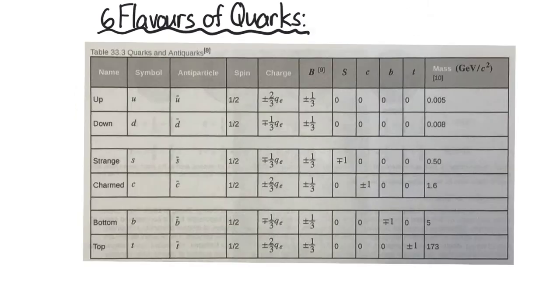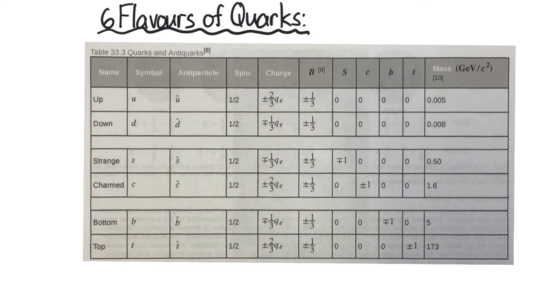So there are 6 flavors or 6 types of quarks. We have the up, which we represent with the U, and it has its antiparticle, which is U bar. We have the down quark, D, with its antiparticle. We have the strange, the charmed, the bottom, and the top quarks.